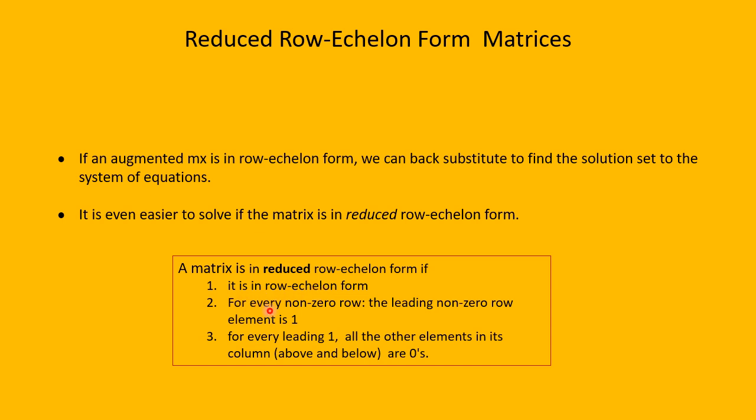Secondly, for every non-zero row, the leading row element is 1. And third, for every leading 1, all the elements in its column, the column with that leading element, above and below, are all zeros.